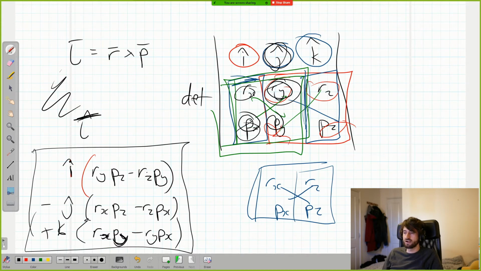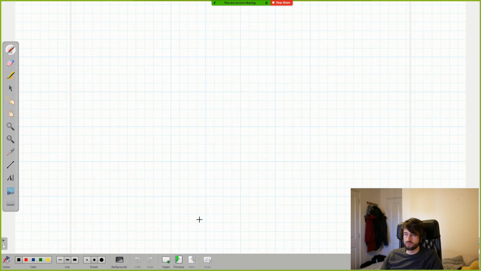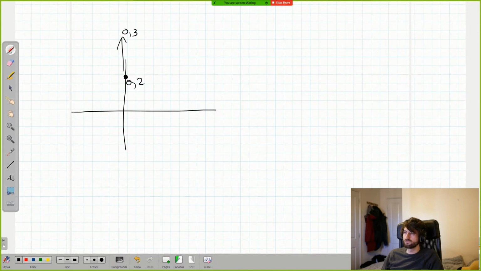Where these are your directions, and this is this. So we'll do an example. Let's say here we have something that's at 0, 2, and it's moving right up as 0, 3.